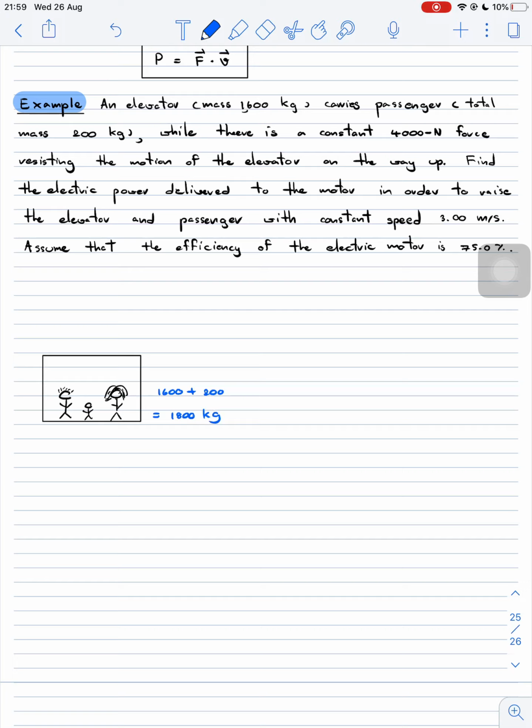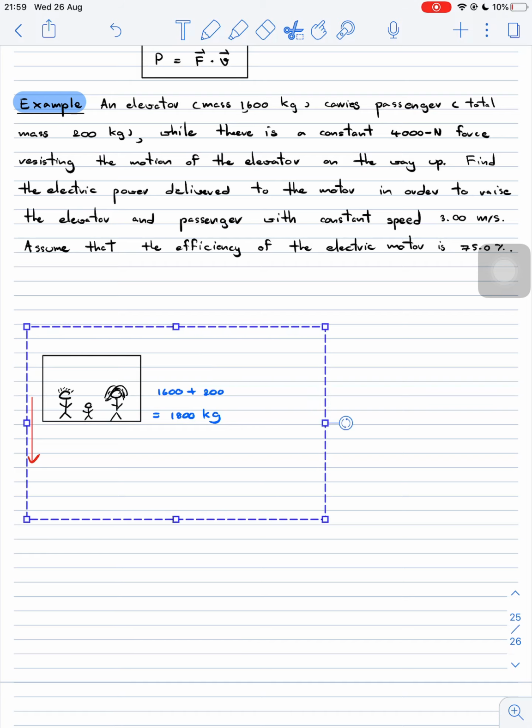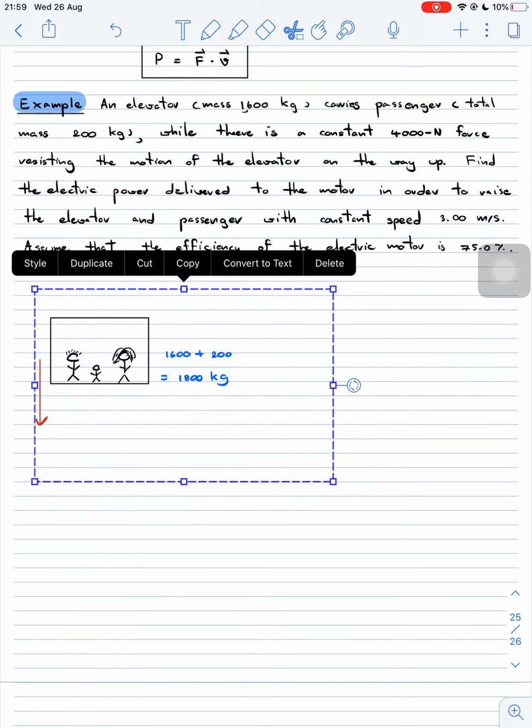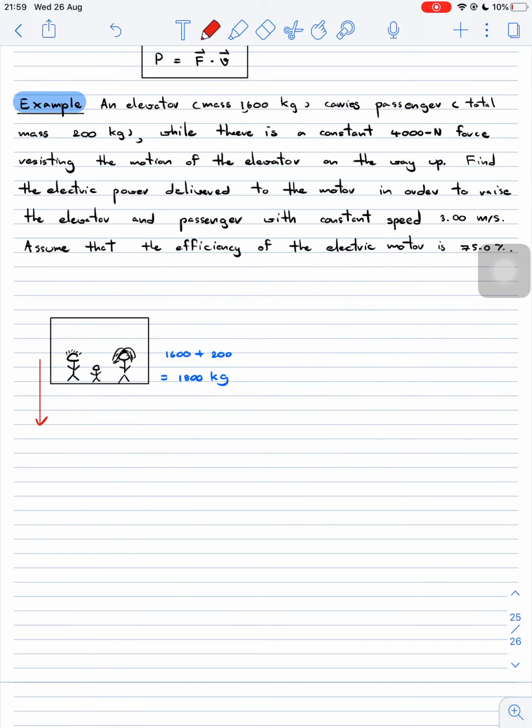This is the total mass, and we have the resistive force, which is equal to 4,000 Newton. Let's say that it's in this direction, equal to 4,000 Newton.